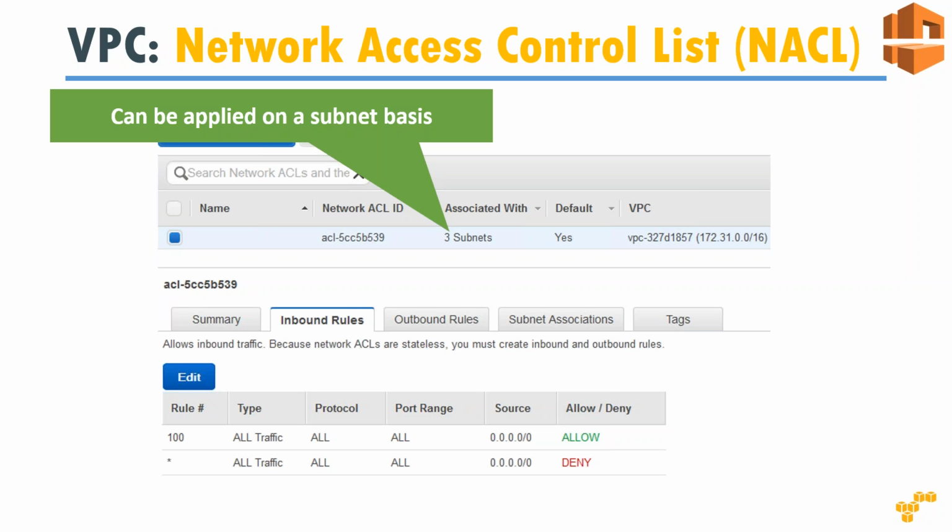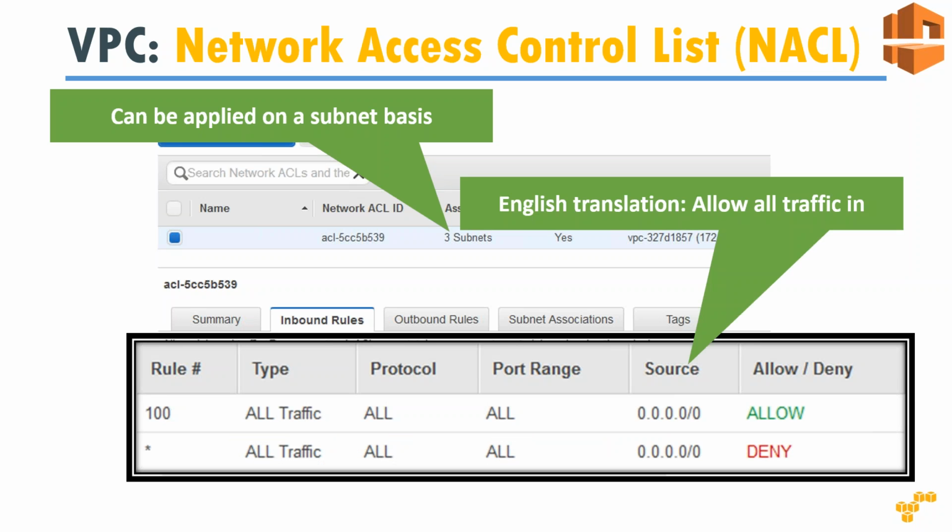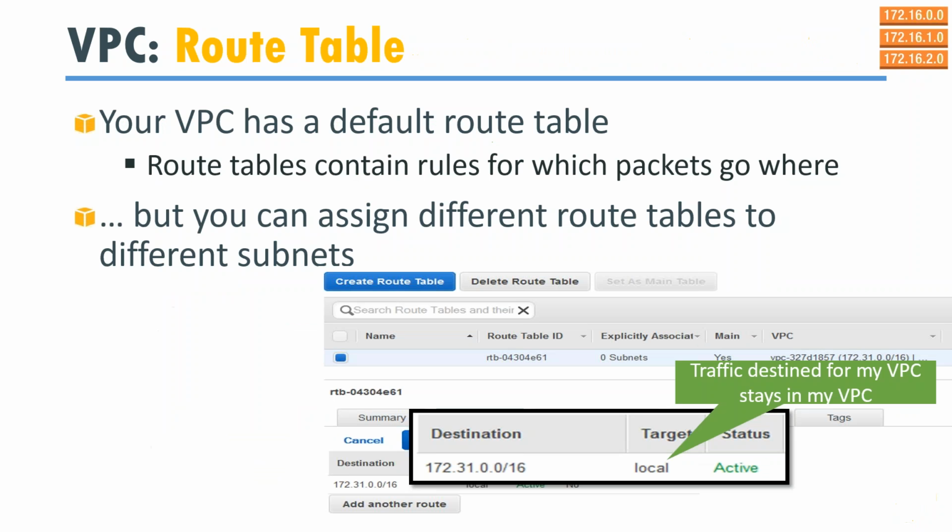You choose which subnet they are to be associated with, so that the security given in the network ACLs is applicable only to the subnets that you have chosen. So you can allocate them to one of them or all of them or everything in your account also. It is fully customizable. So this one allows all traffic in.